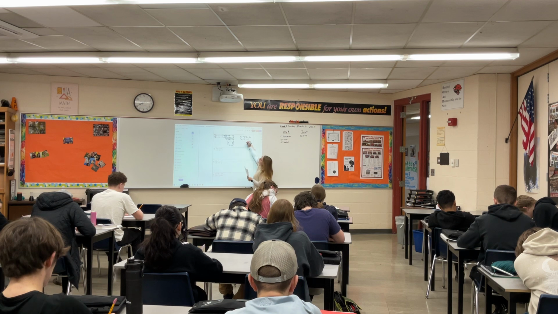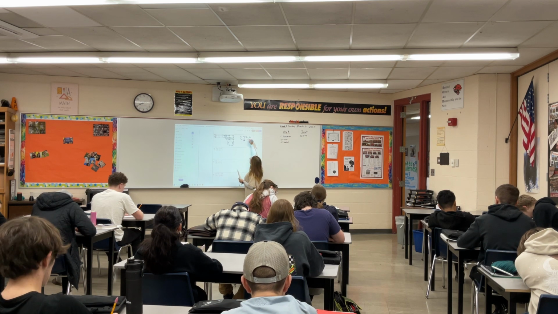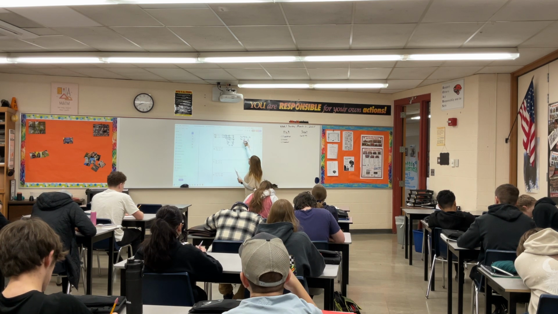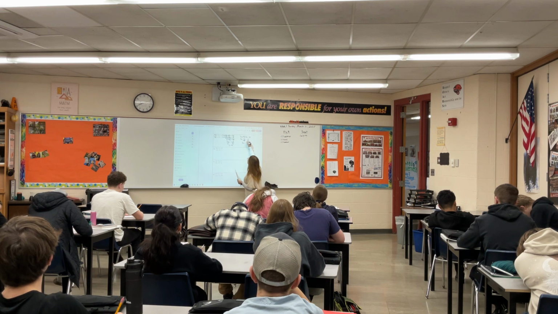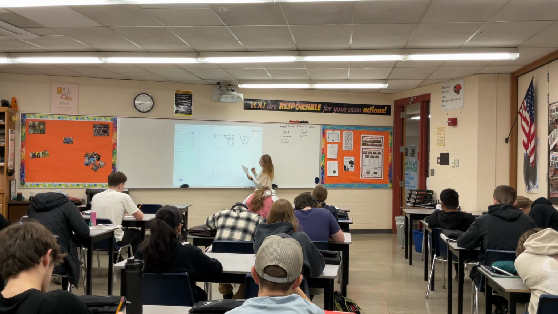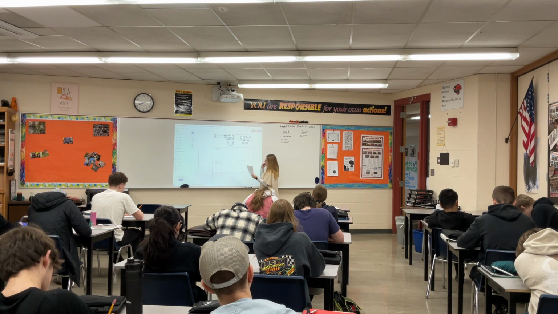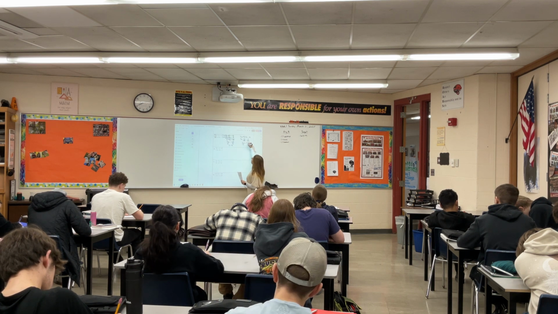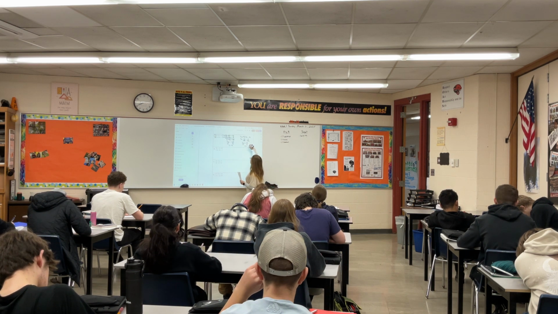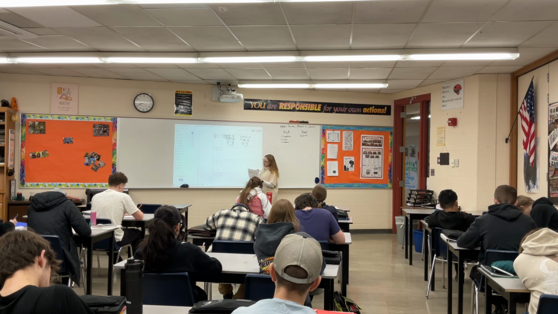First things first, I have to add 45 to both sides. So I have 5x equals 35. When I divide both sides by 5, the x by itself, I get 5 equals 7.